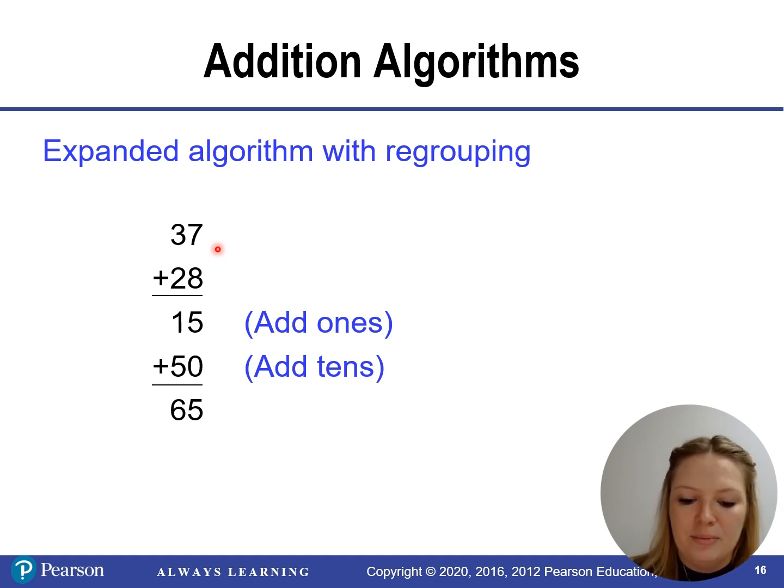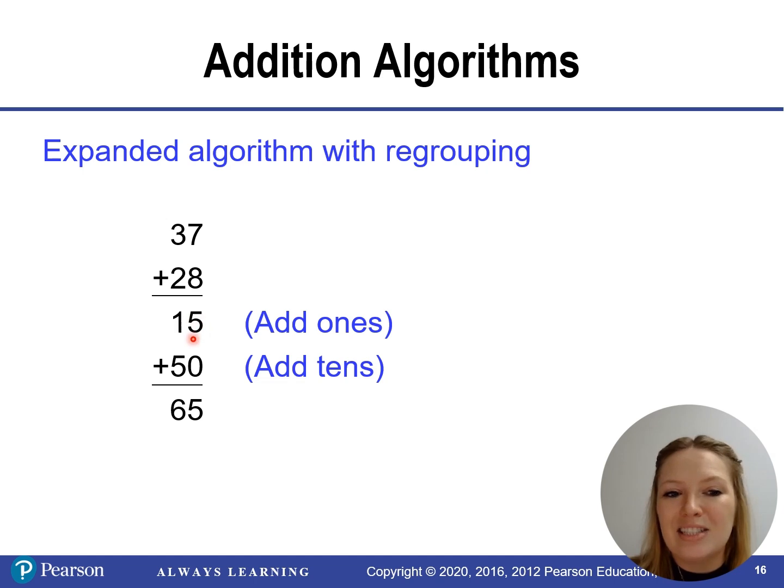So what we're doing first, if we want to expand this algorithm using regrouping, is I say 7 plus 8, 7 ones plus 8 ones is 15 ones. 15 ones is actually just the same thing as 1 ten and 5 ones.